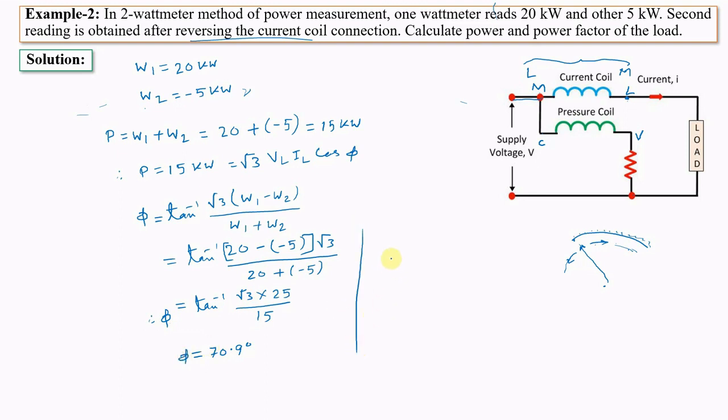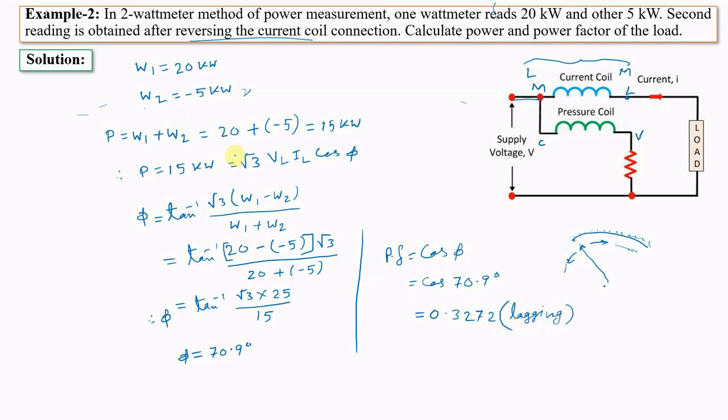So the power factor of the load is cos phi, that is cos 70.9 degree, and it will be 0.3272 lagging. Why the power factor is lagging?